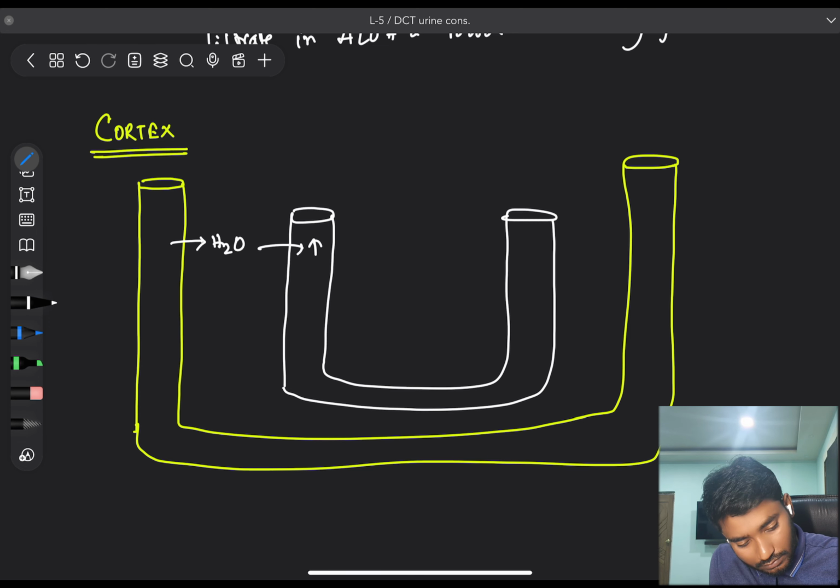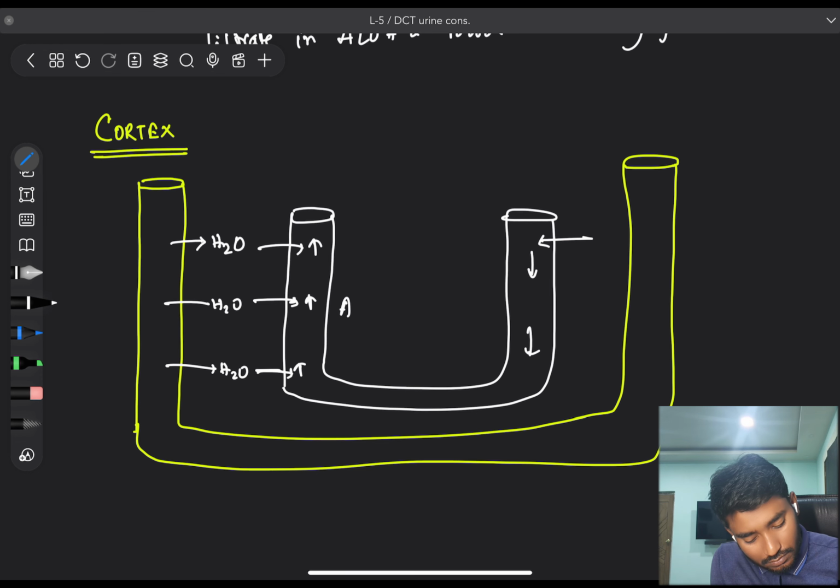H2O, H2O, H2O. This is the ascending vasa recta and this is the descending vasa recta.